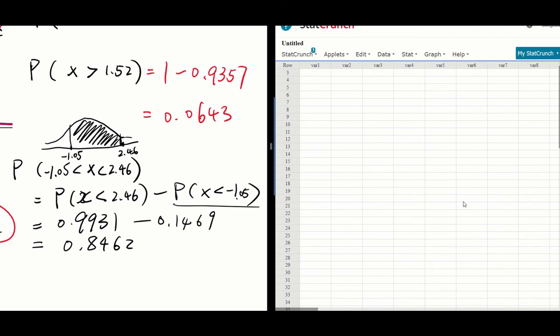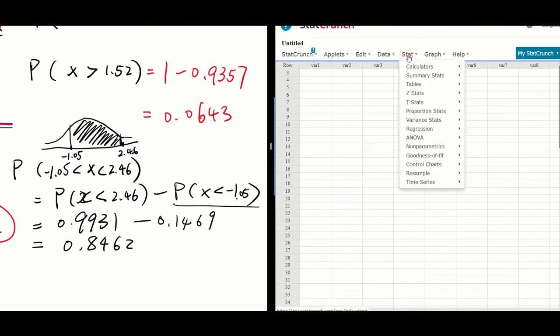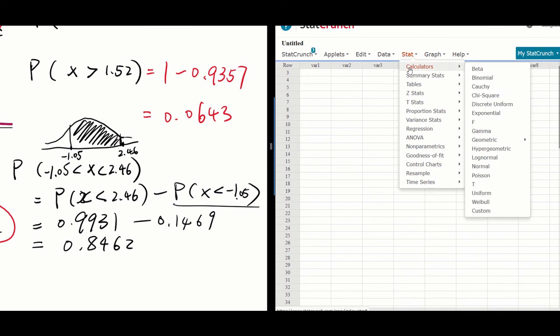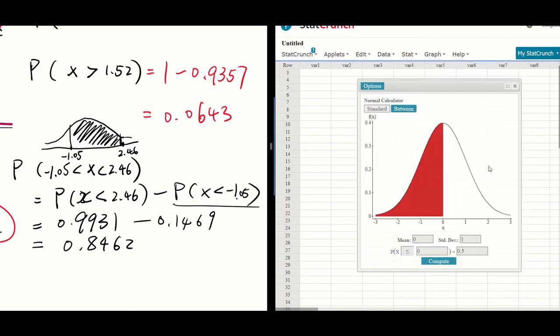To find the same probabilities, you go to Stat, Calculators, and here you go to Normal, because we're talking about the normal distribution. Since this is a standard normal distribution where the mean is 0 and standard deviation is 1, you don't have to change these two values. Just leave them as 0 and 1.